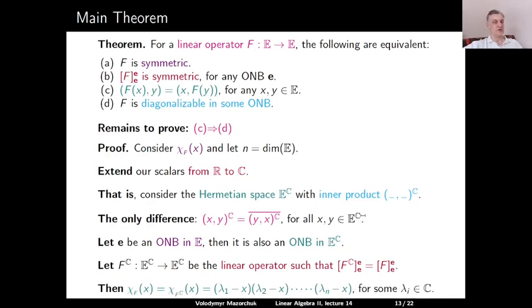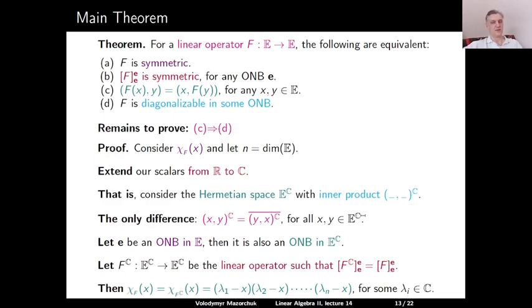Then we can compute the characteristic polynomial of our operator f, and since the matrix is the same as for f upper C, it will be the characteristic polynomial for f upper C. This will be a polynomial of degree n, and over complex numbers, a polynomial of degree n can be written as a product of linear factors.